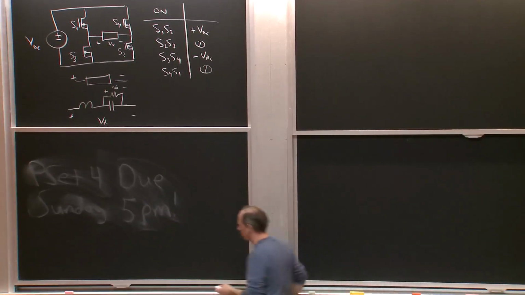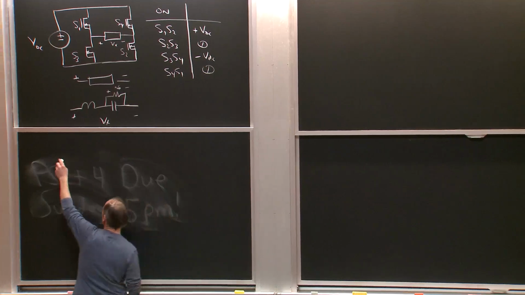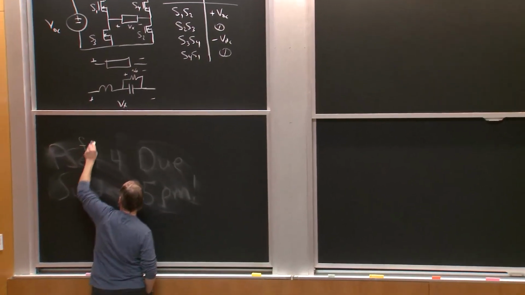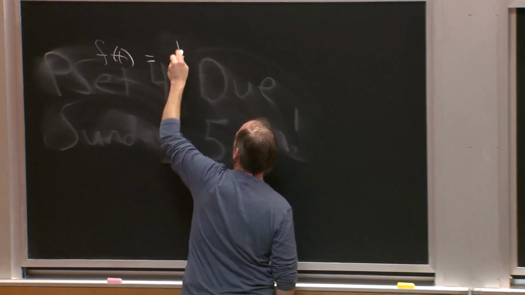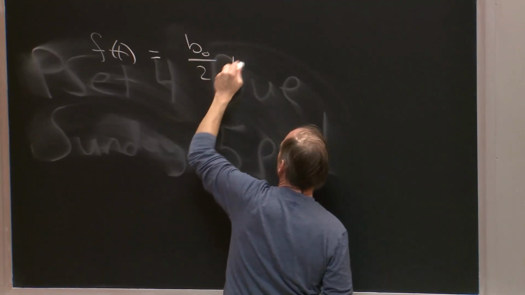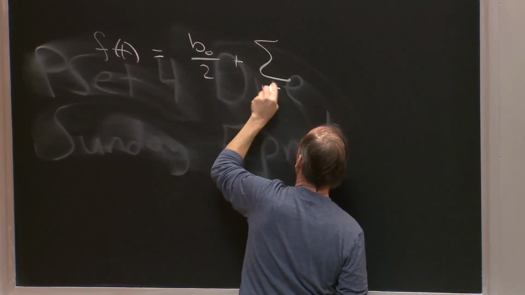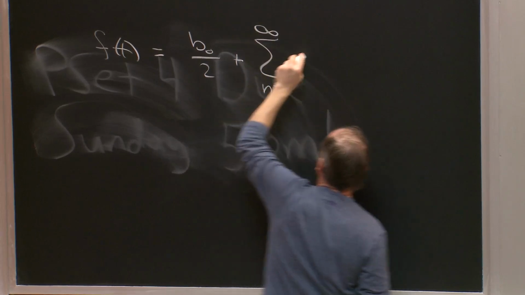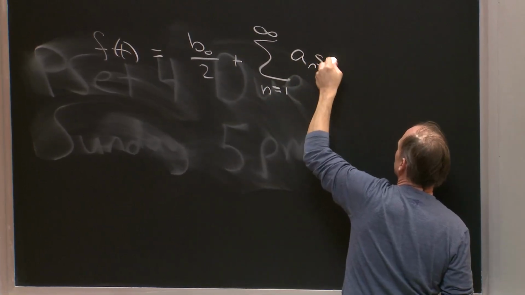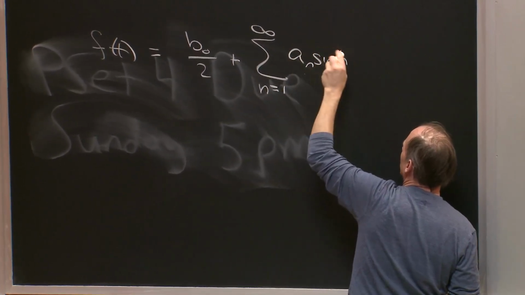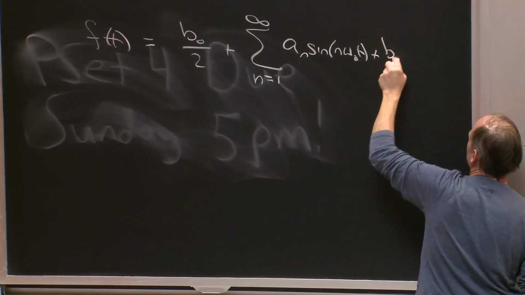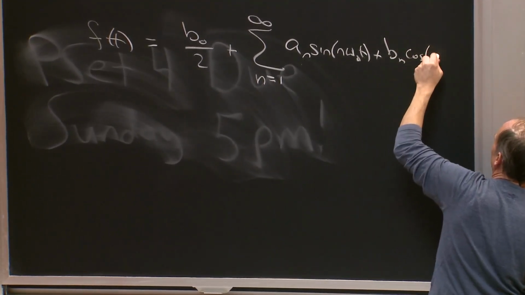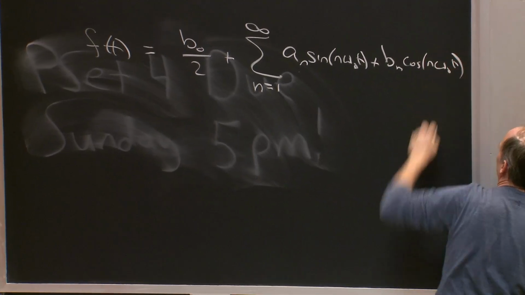So we said, okay, one form of the Fourier series for some signal f of t is simply equal to b naught over 2 plus the summation from 1 to infinity of a sub n sine of n omega naught t plus b sub n cosine of n omega naught t, okay?